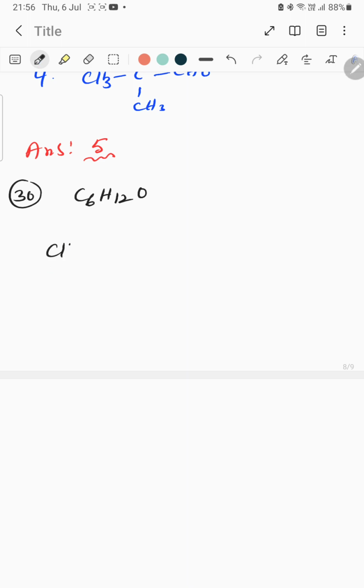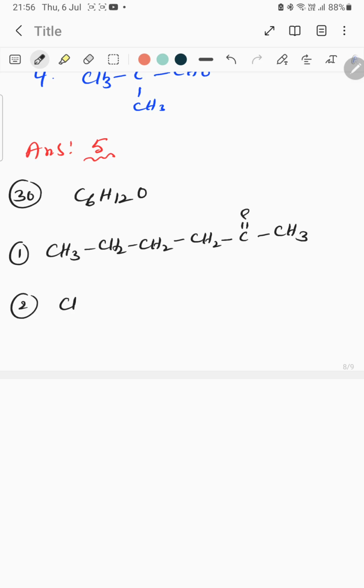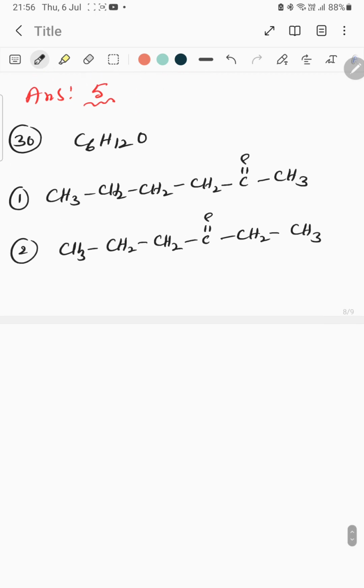First one, CH3, CH2, CH2, CH2, C double bond O, CH3. This is the first one. Second one, CH3, CH2, CH2, C double bond O, CH2, CH3. This is the second one.